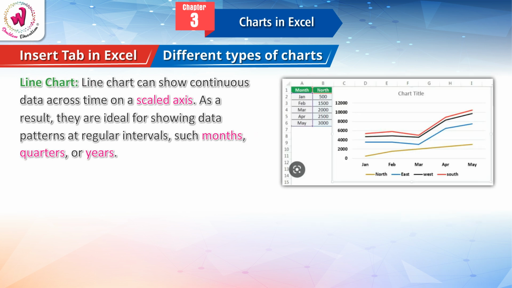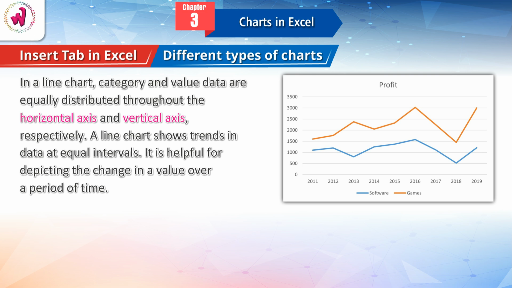Line chart. A line chart can show continuous data across time on a scaled axis. As a result, it is ideal for showing data patterns at regular intervals, such as months, quarters, or years. In a line chart, category and value data are equally distributed along the horizontal axis and vertical axis, respectively.